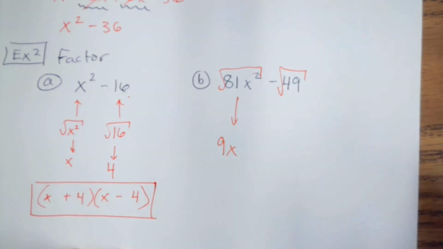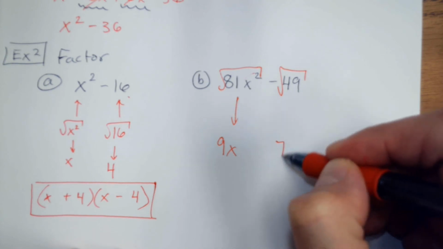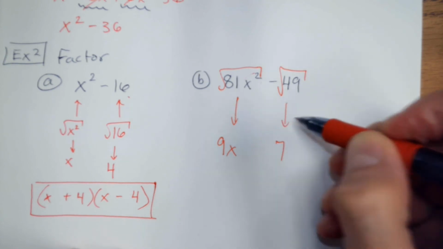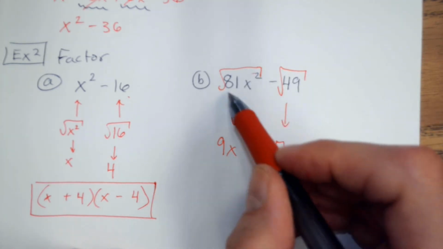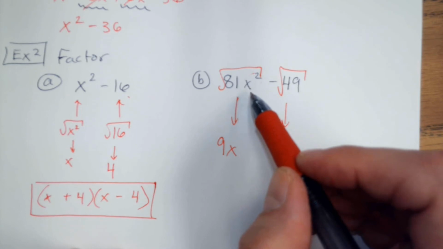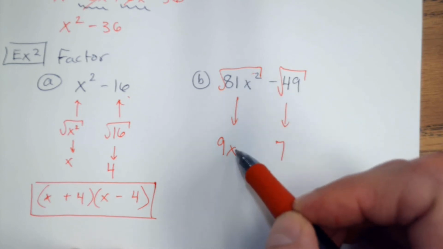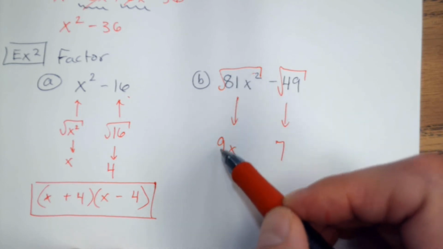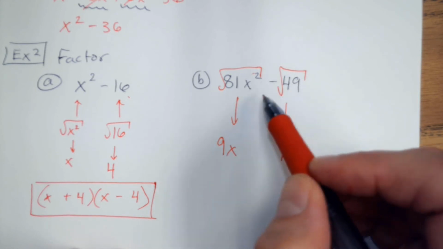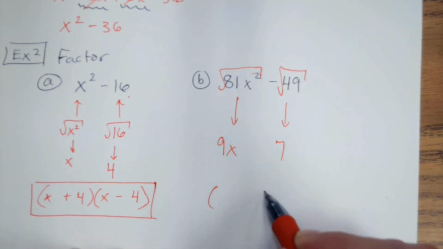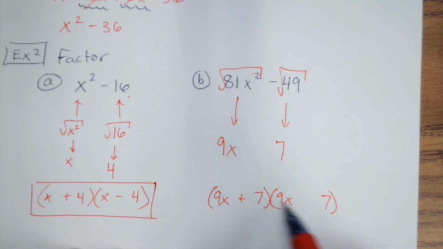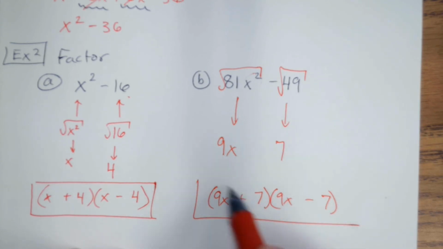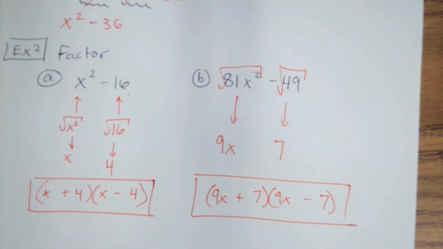I can square root that, and that gives me 7. So this difference of squares pattern still works, even though this is a little bit more complicated. 81x squared, I can square root x squared, it gives me x. I can square root 81, it gives me 9. So even though it's a little bit more complicated, I can still write down my two parentheses, 9x, 9x, 7, 7, plus, minus. And that is factored.